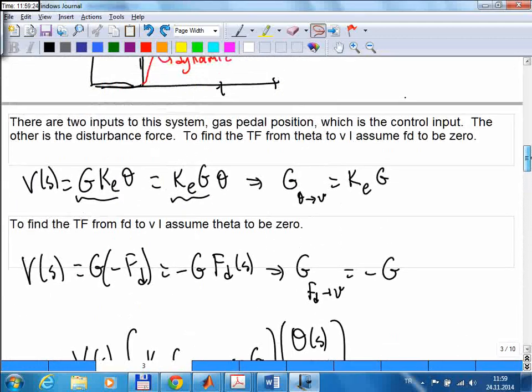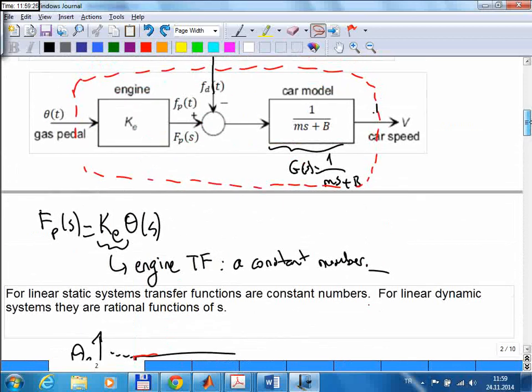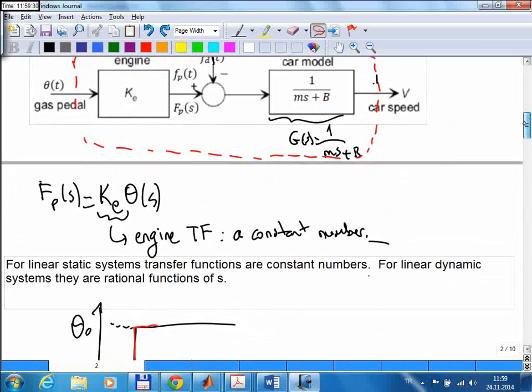So to make the two compatible, GE is what I call KE here. So maybe I should fix it here.